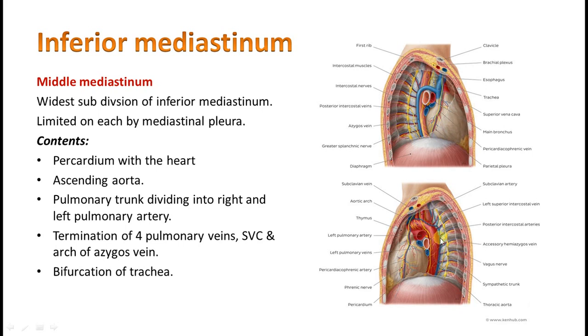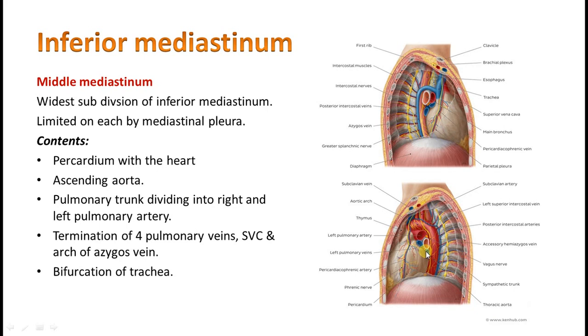Then you see the bifurcation of the trachea. On the left side you are able to see the left principal bronchus here. Apart from the heart and fibrous pericardium, the pulmonary artery, pulmonary veins and trachea you can remember very easily because they form the lung root structures.